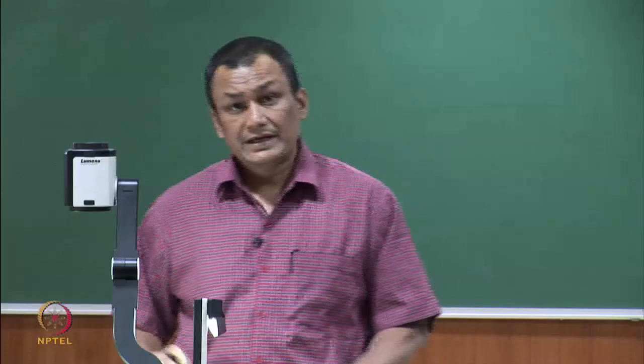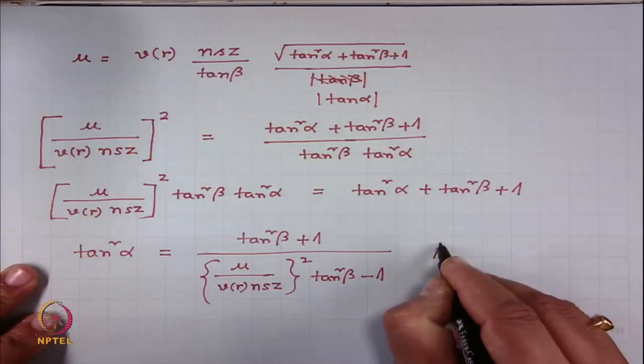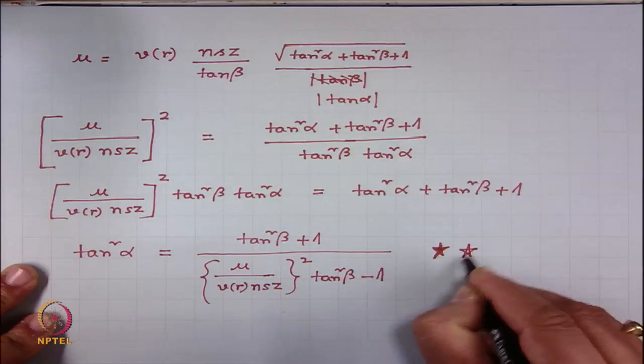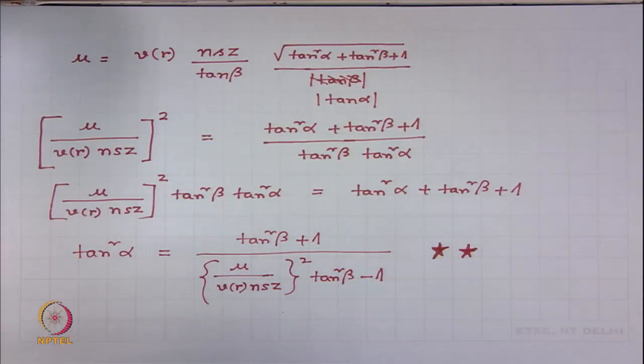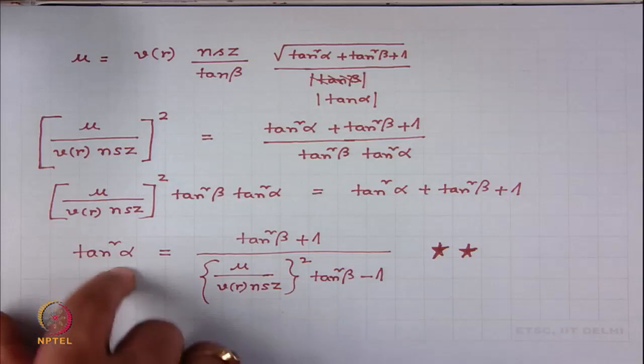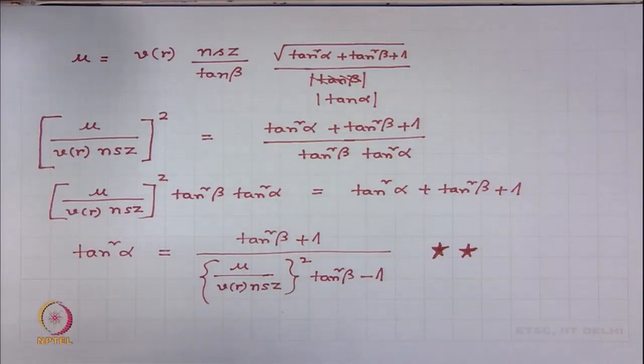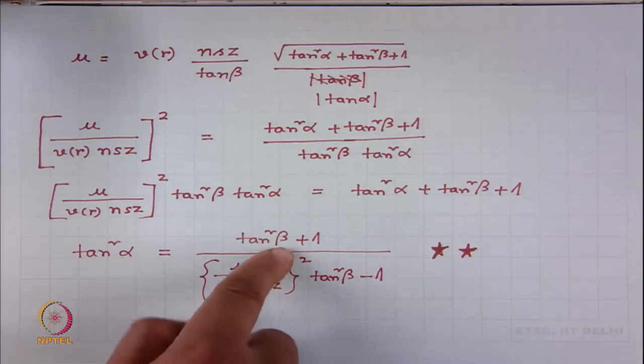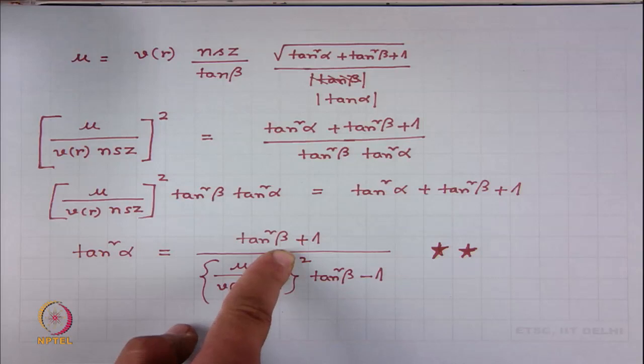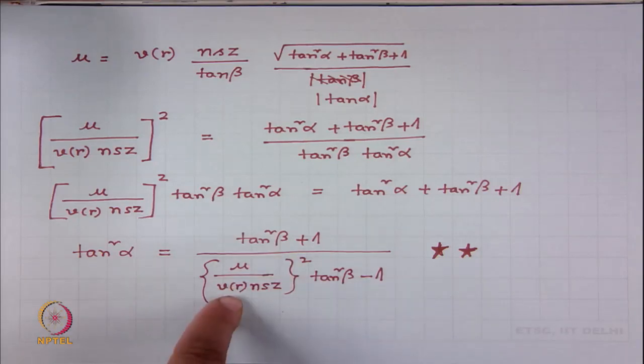This is a very important equation, because it characterizes radial migration of fiber in yarn. What we can learn from this equation is tan alpha, dr by d zeta, is a function of radius r, because tangent beta is also a function of radius, tangent beta is equal to 2 pi r z, and nu r is also a function of radius.